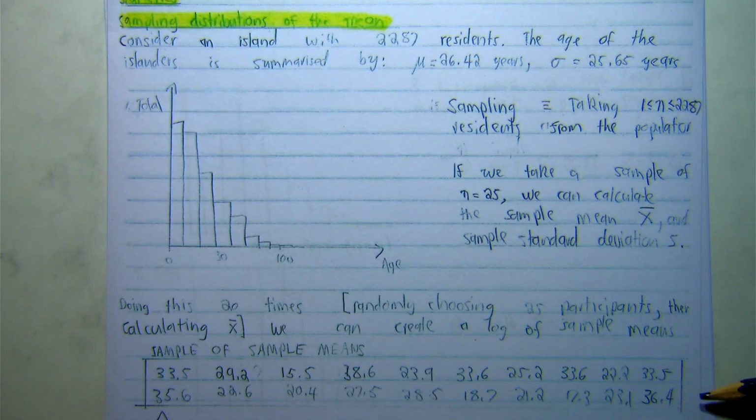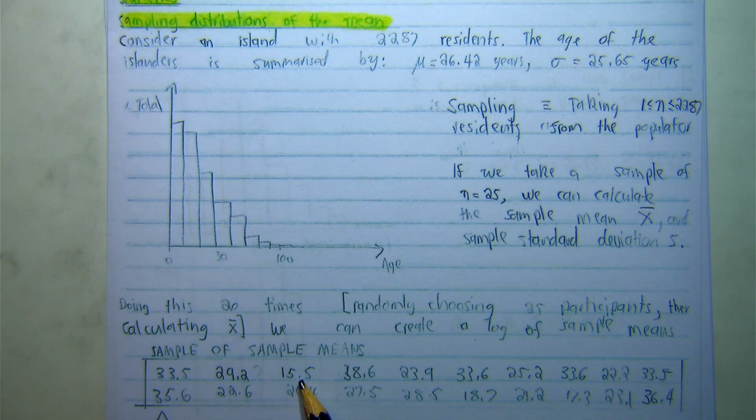So looking at this box here, this is a computer generated repicking of this population here and working out the average of those people. And we've got here quite a disparity amongst these averages.